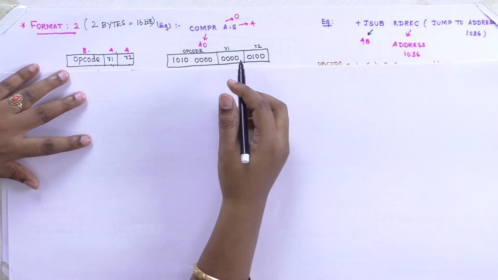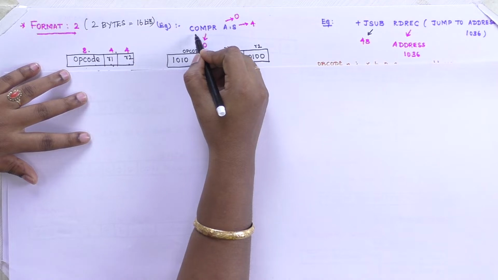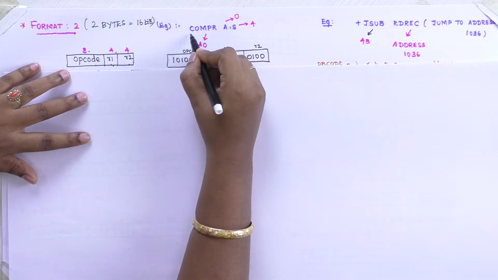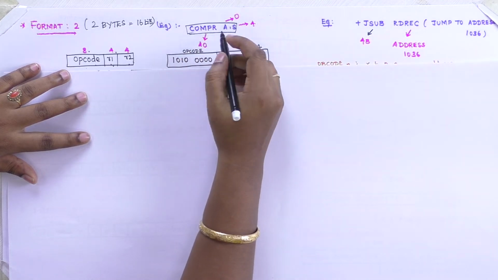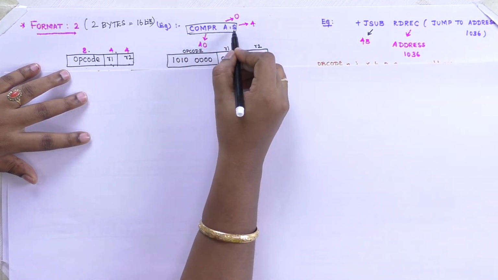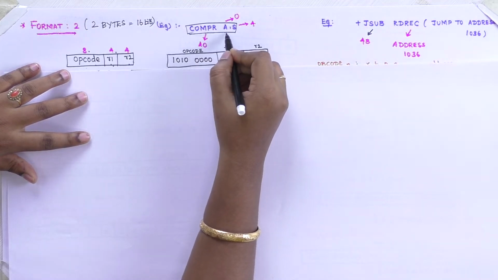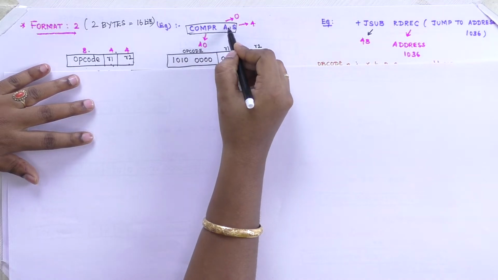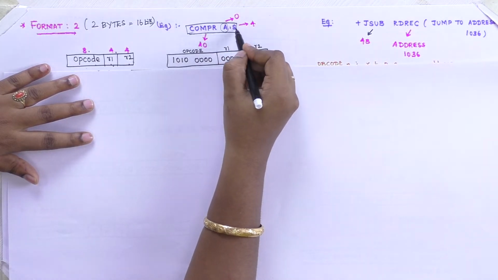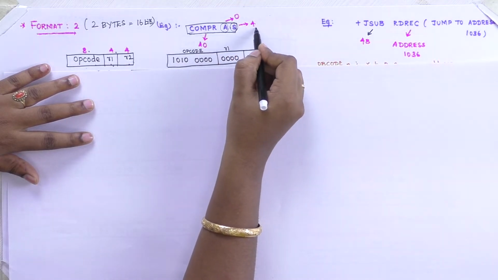Now let us see an example. COMPR, compare A S. So this is our instruction. We are going to compare the values present in the registers A and S. As we have seen before, each register holds a specified number. The number for register A is 0 and the number for register S is 4.